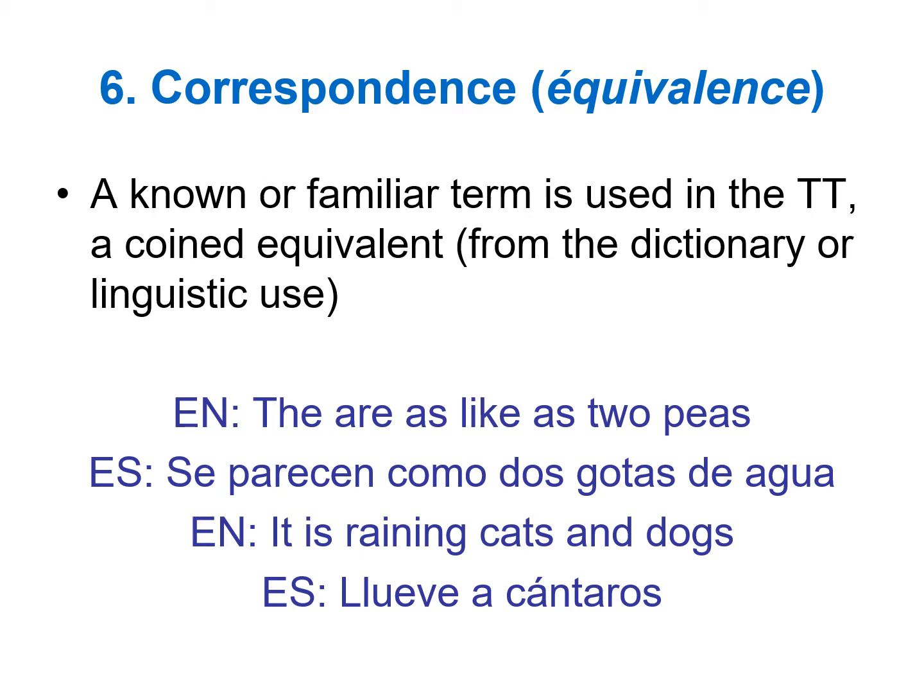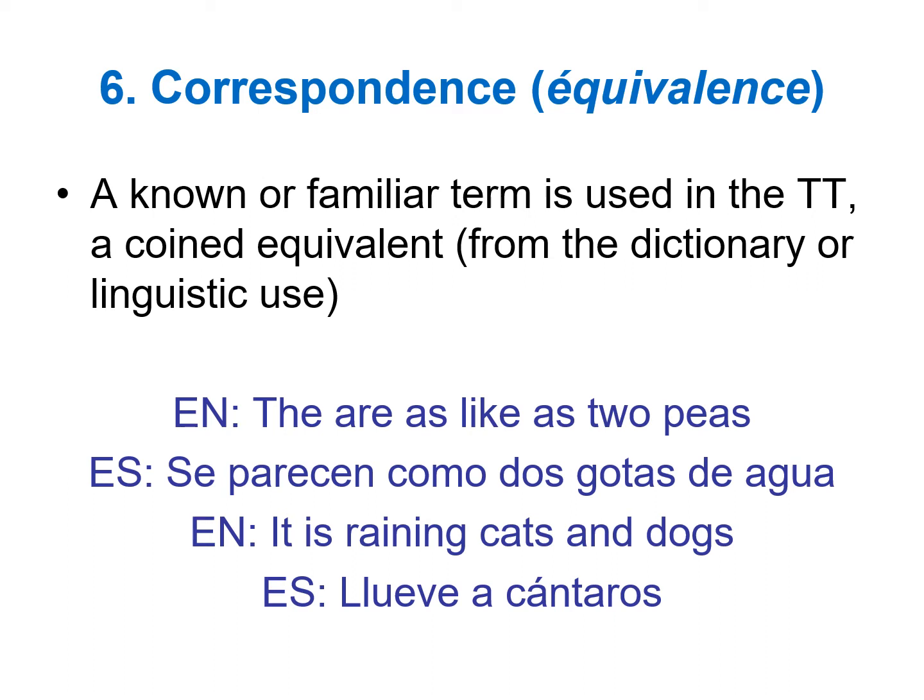We take a proverb in the source language and we replace it with a functionally equivalent or a natural equivalent proverb in the target language. They are as like as two peas, se parecen como dos gotas de agua y no como dos guisantes. It's raining cats and dogs, llueve a cántaros. So in this case, these are examples of equivalence or correspondence. We're finding a functionally equivalent and natural equivalent proverb or idiom in the target language.